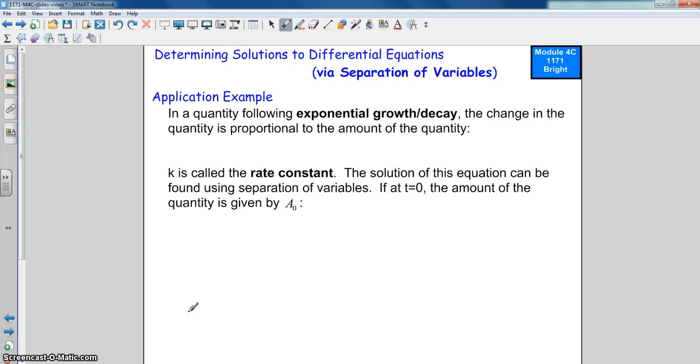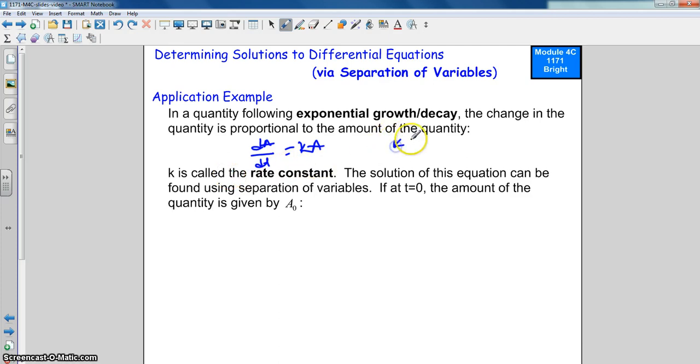Alright, application. In a quantity that follows exponential growth and decay, the change in the quantity, which I'm going to denote as dA/dt, is proportional to the amount of the quantity. So kA. And k here we call the rate constant.